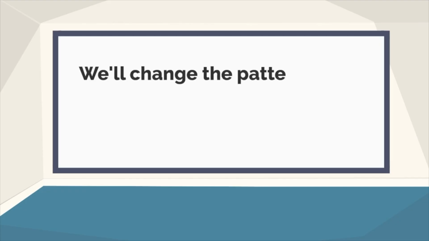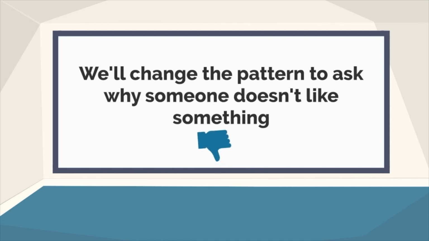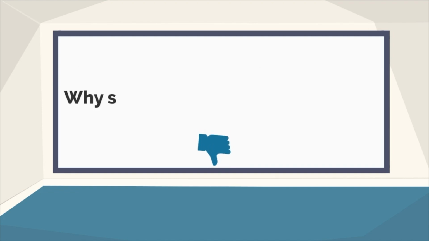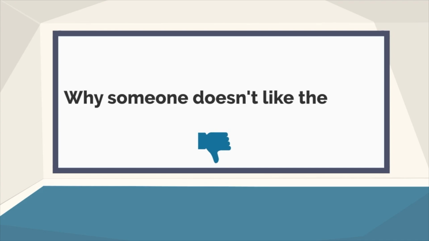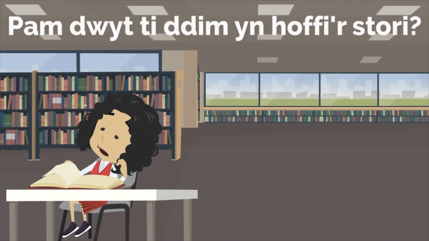We'll change the pattern slightly now, as we ask why someone doesn't like something. Listen to the pattern as we ask why someone doesn't like the story, a story. Pam dwyt ti ddim yn hoffi'r stori?